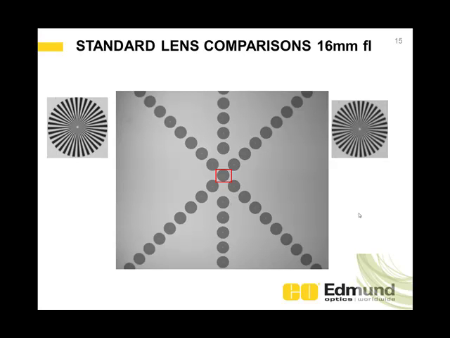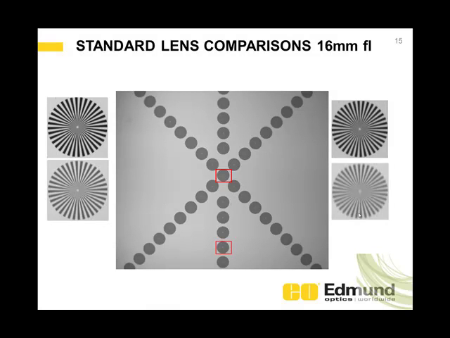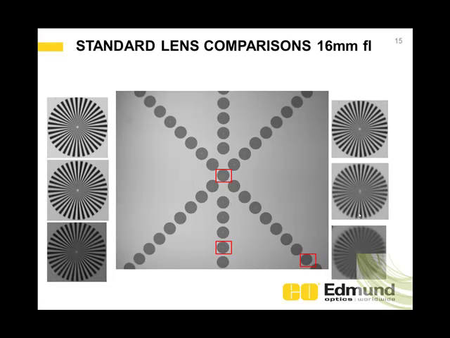So here's what we're seeing from the middle. Here's what we see down. And here's what we see on the edge. And you can clearly see that the lens on the right is not performing as well as the lens on the left.